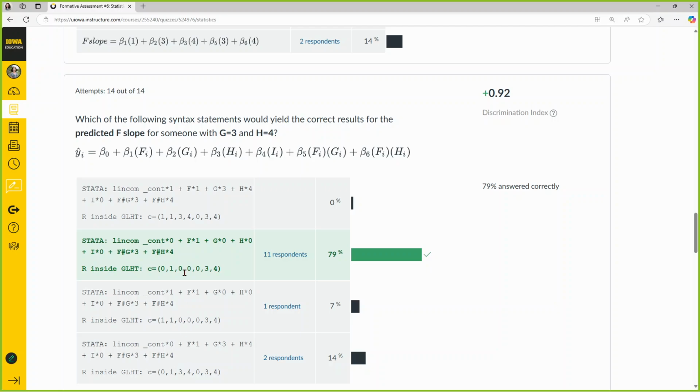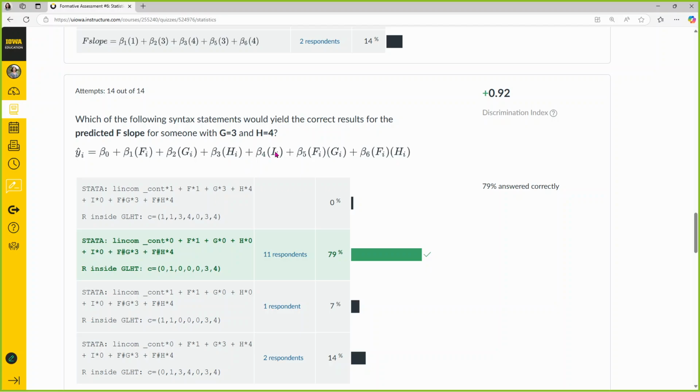Then, the difference between those two is that I got a 3 and a 4 on the bottom, and a 3 and a 4 in the second. If I have 3 and 4 on the bottom, that's including 2 terms that do not have f in them. And that's why we do not want to include those. We're going to 0 them out, which is why up above you can see our zeros.